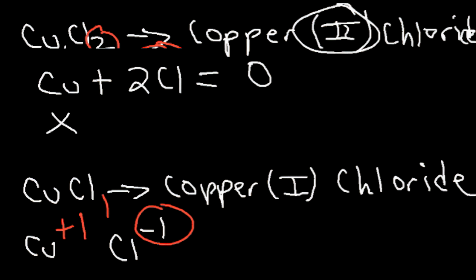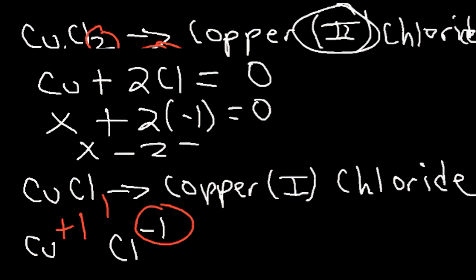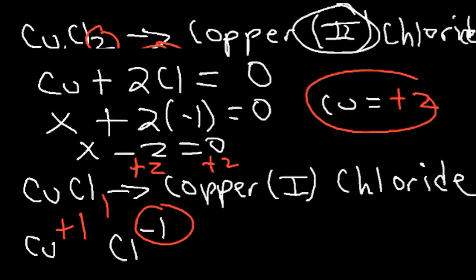Let's replace copper with X, and let's replace chlorine with -1. So 2 times -1 is -2. To solve for X, we need to add 2 to both sides. So therefore X, or copper, has an oxidation state or charge of +2. So that's how you can find it.